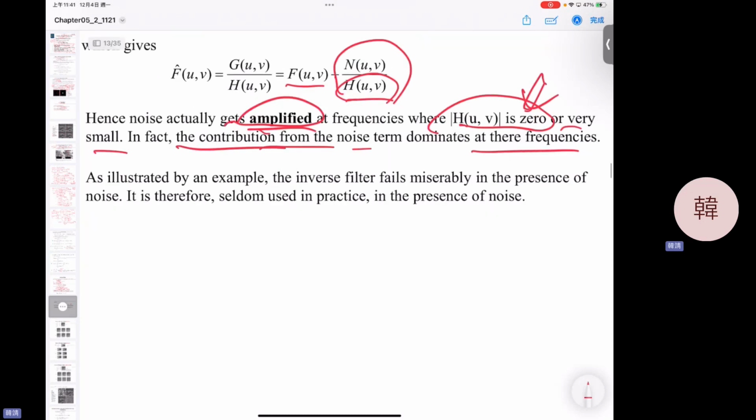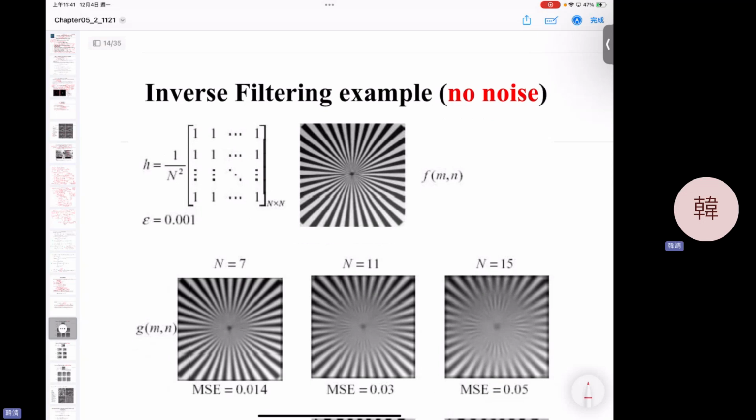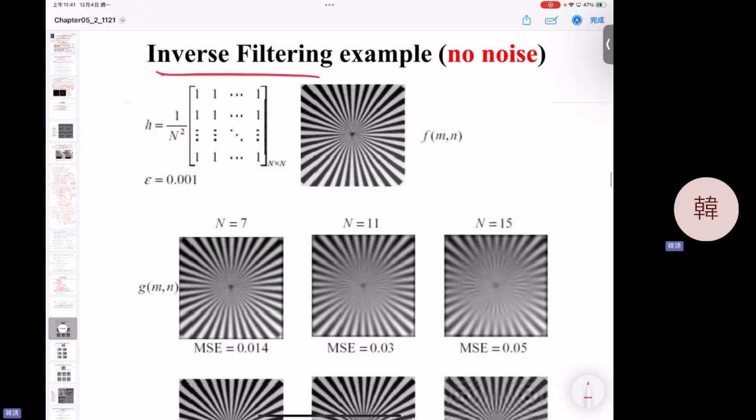To illustrate this, we can see this example. Even with or without noise, we can see the result. So this is inverse filtering with no noise. Here is your filter, a uniform filter, all constant, 1 divided by the size of your mask, and this is f(m,n).